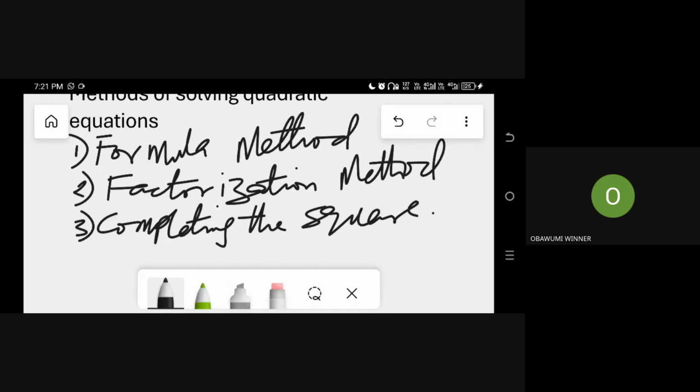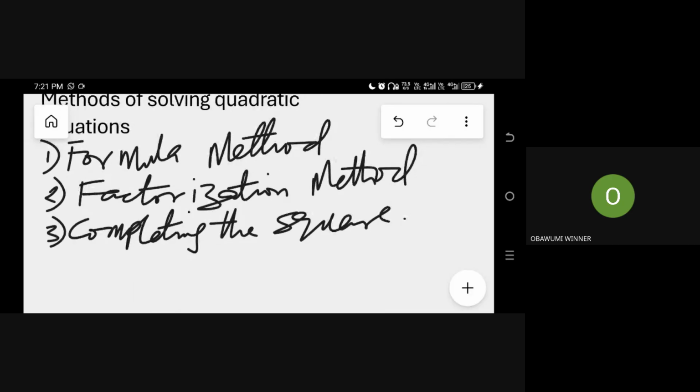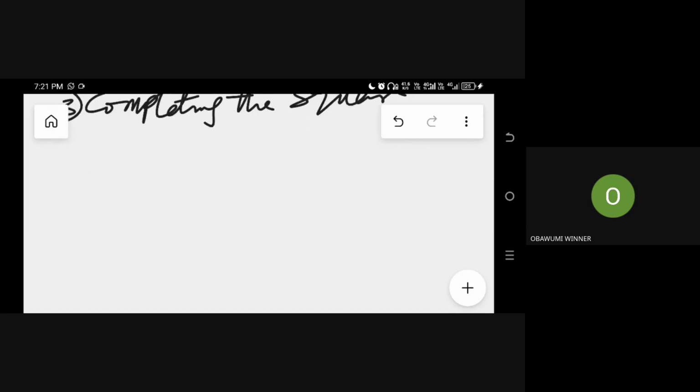So this completing the square method, the formula method is actually better than the completing the square method. Then there's a graphical method as well, a graphical method of solving quadratic equations. But today we'll just concentrate on the formula method.